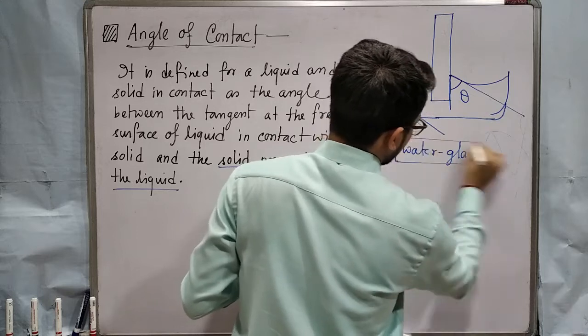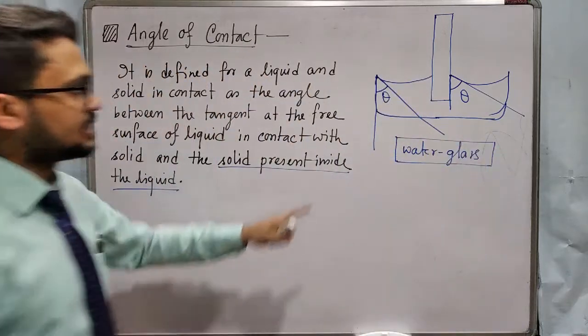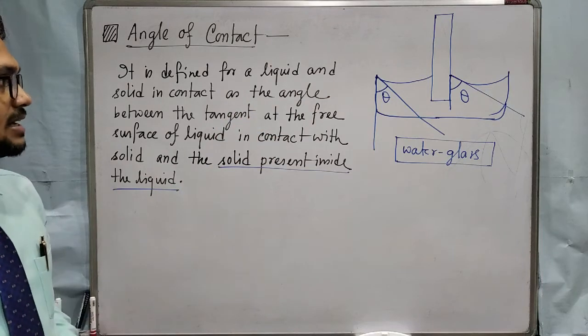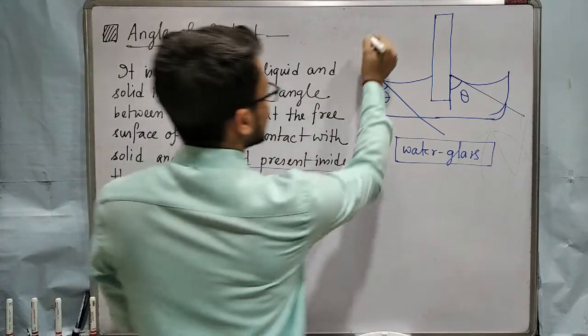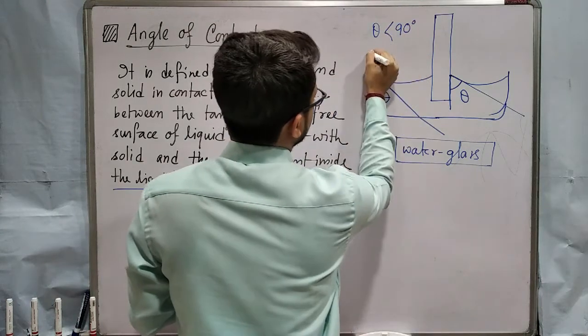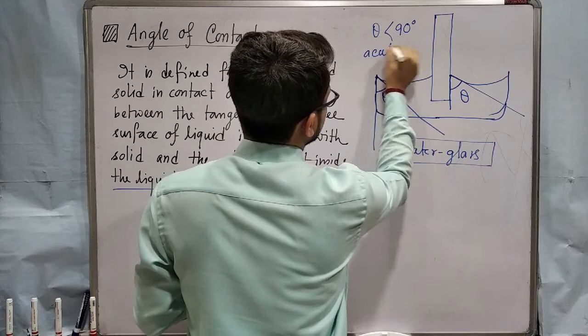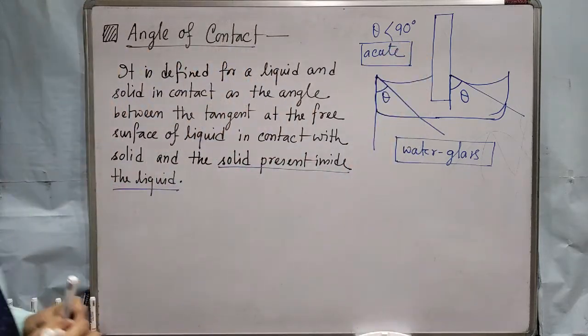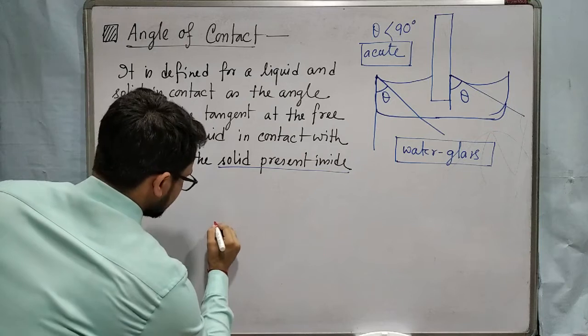If you look at the angle, you can understand that here the angle of contact is less than 90 degree, right? Here theta is less than 90 degree, or you can say it is acute. Clear. Another diagram I am drawing is for mercury glass.